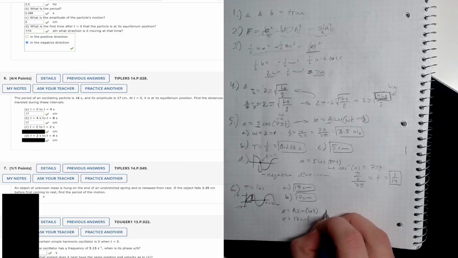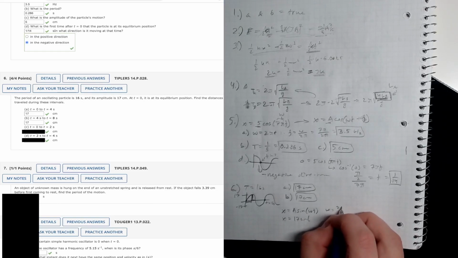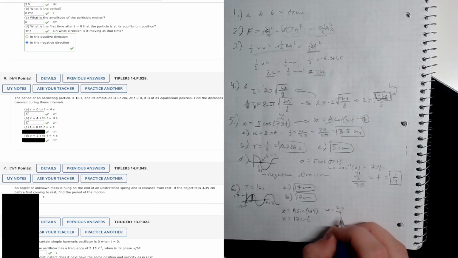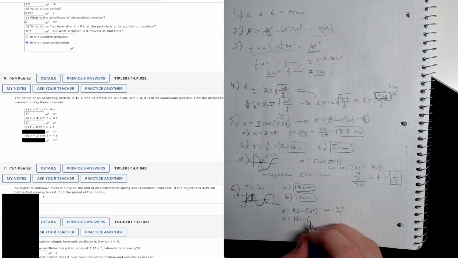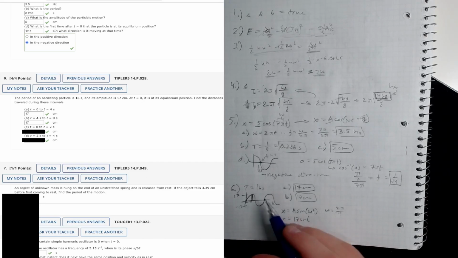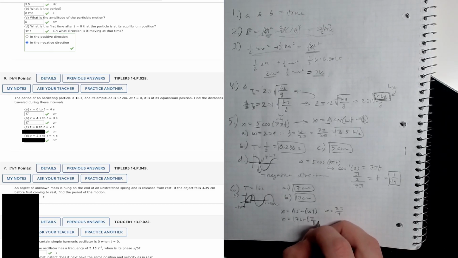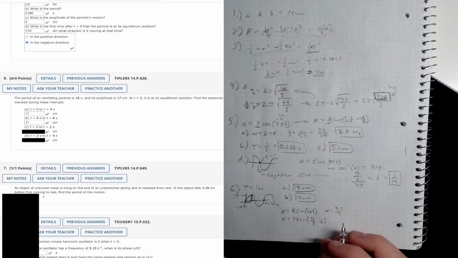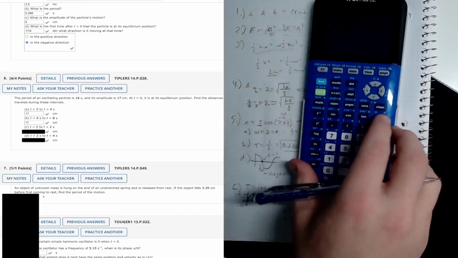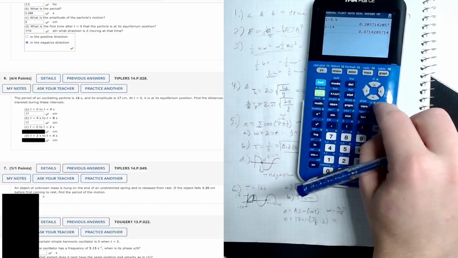In this case, w equals 2 pi over t, 2 pi over period, just because we don't know the angular frequency otherwise. 2 pi over 16 is pi over 8. Pi over 8 times 2 seconds is going to be x equals 17 sine of that, sine 2 pi over 8, sine pi over 4.